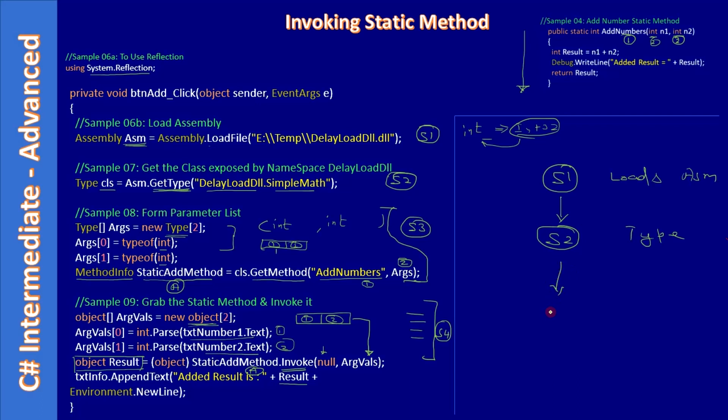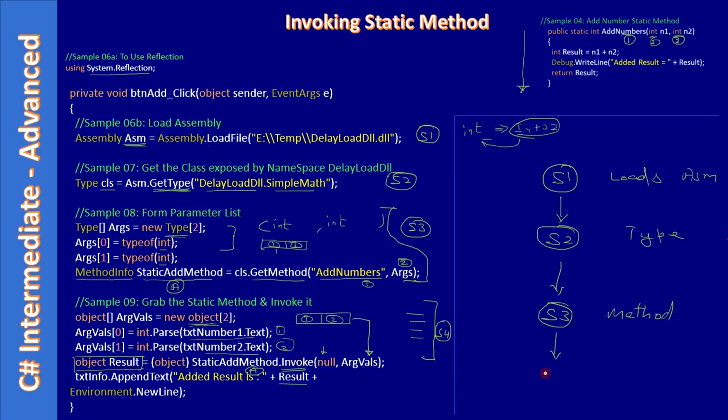In sequence 3, once you have the type in hand, that means the class in hand, a class may expose many methods. So you either instantiate the object, or you pick the specific method that you want to call. Since it's a static method invoke, in sequence 3 we got a method, and to pick the correct method we need the argument types.